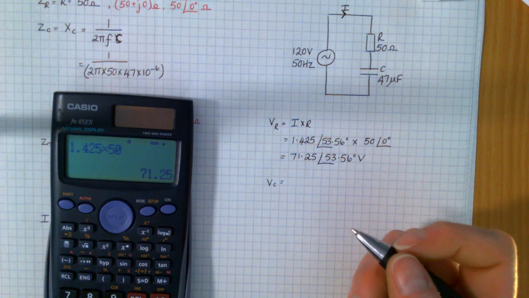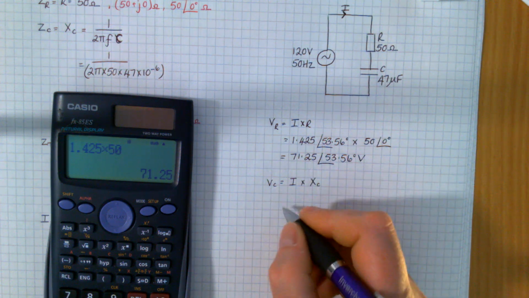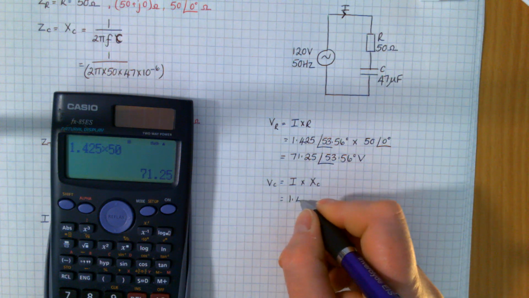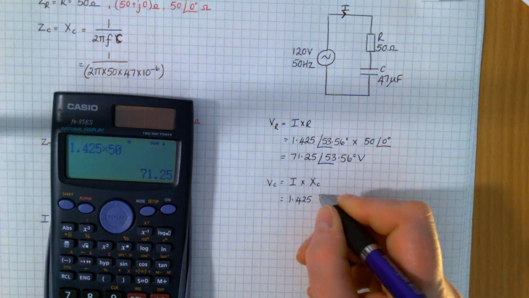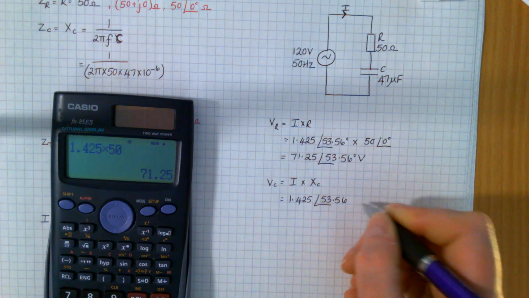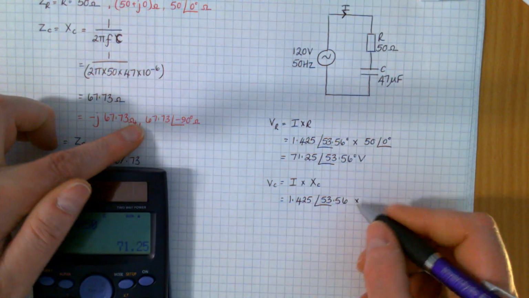And then for our voltage across our capacitor, I times XC, remembering that that XC has to be in polar form, which we have down here on our page.